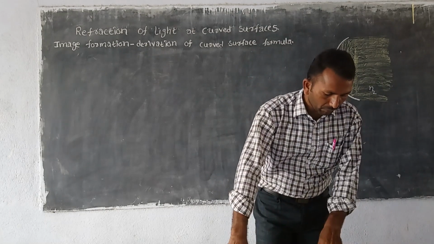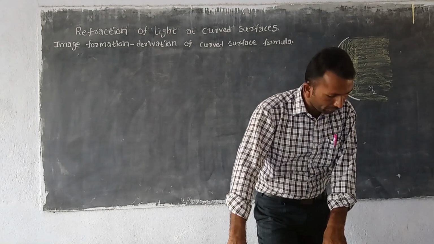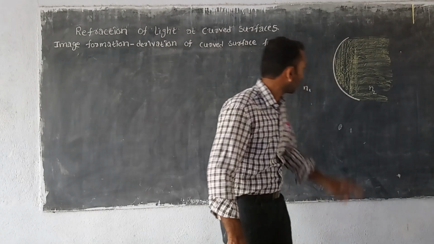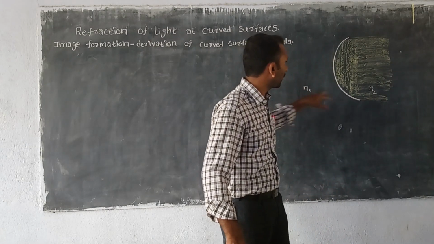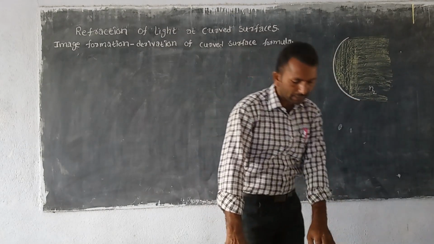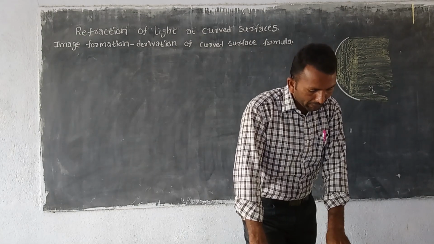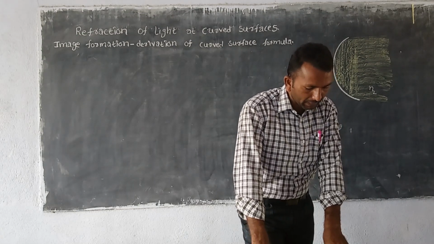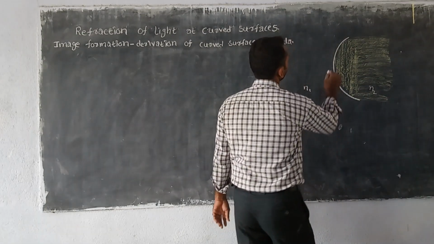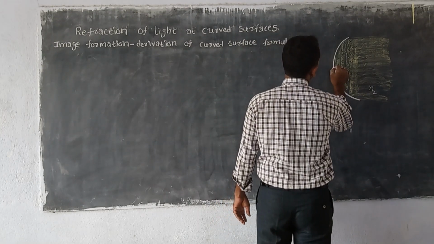Consider a curved surface separating two media of refractive indices n1 and n2. This one is refractive index n1 and this one is refractive index n2. A point object is placed on the principal axis at point O, and this is the pole of the curved surface.